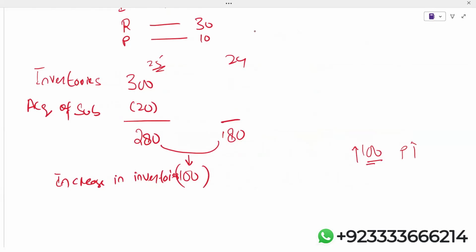But your inventory has increased, your profit has increased, and logically it is not your cash inflow. I'm actually putting more money into the inventories. So it should be an outflow rather than an inflow. Basically, an increase in inventory means we have invested more money into stock. That is why we show that as an outflow.